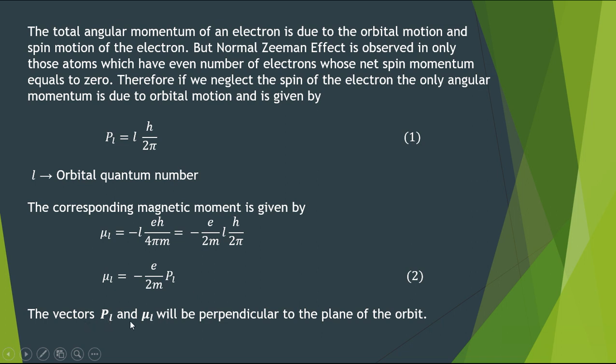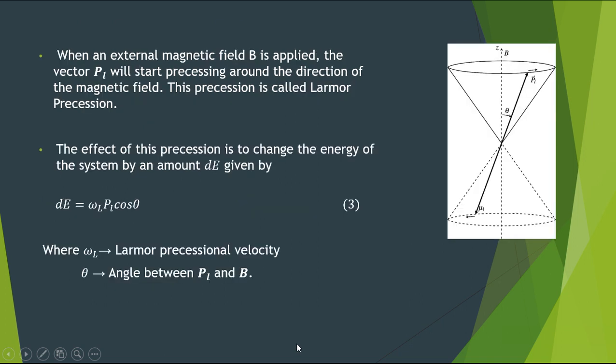Both the vectors PL and mu L will be perpendicular to the plane of the orbit. When an external magnetic field B is applied, the vector PL will start precessing around the direction of the magnetic field, as shown in this figure. So this vector represents the orbital angular momentum vector. Magnetic field is applied in the z direction.